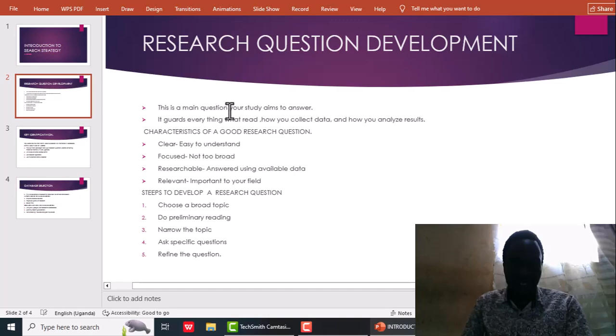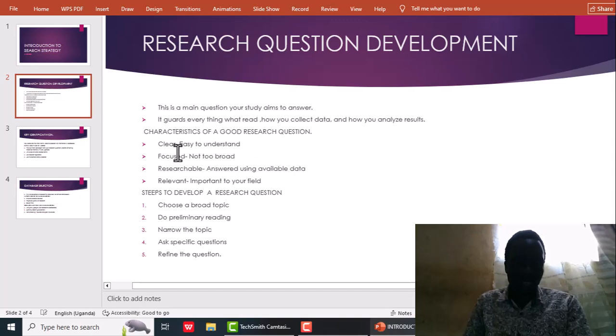A research question is the main question your study aims to answer. It guides everything: what to read, how you can collect data, and how you can analyze the results.